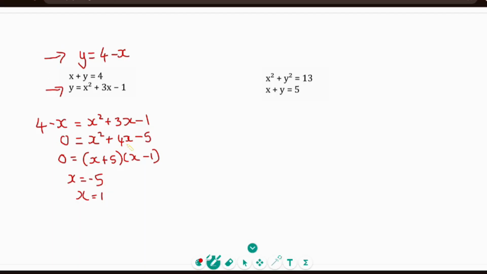Put back into our original equation to find y. So when x is 1, y equals 4 minus 1, which is 3. When x is minus 5, 4, subtract x, so minus 5, gives you y is 9.